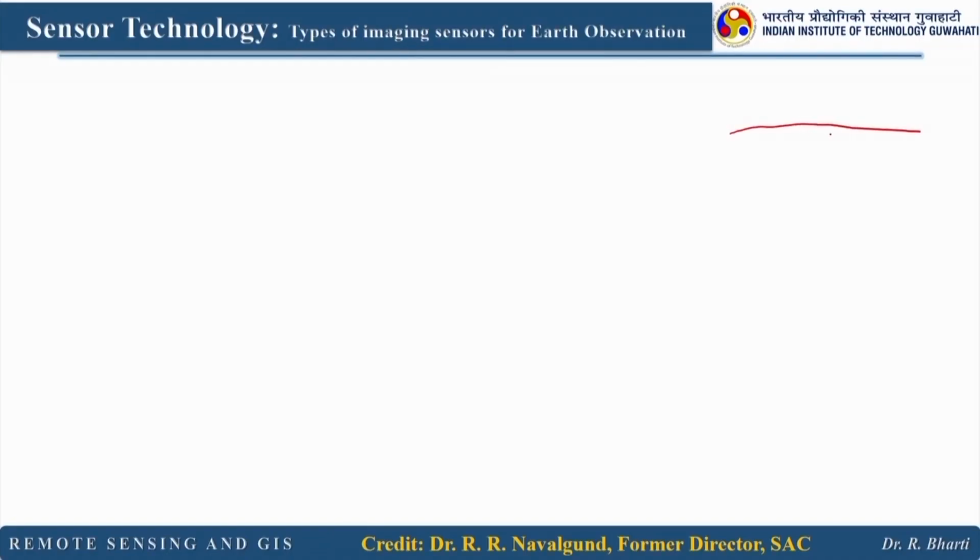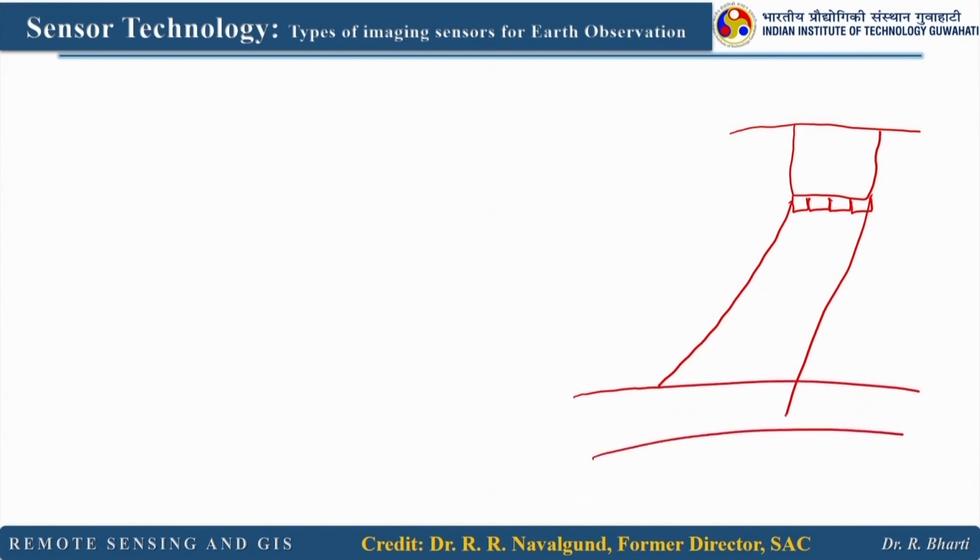I told you that this is the platform where you have your sensor, and in that sensor you have detectors. For time being let us take only 4 detectors. How are they imaging this particular area, right? How have these areas been captured in this particular image?